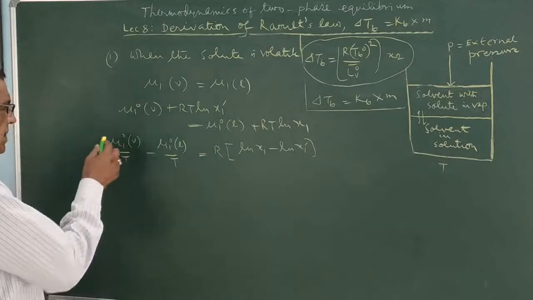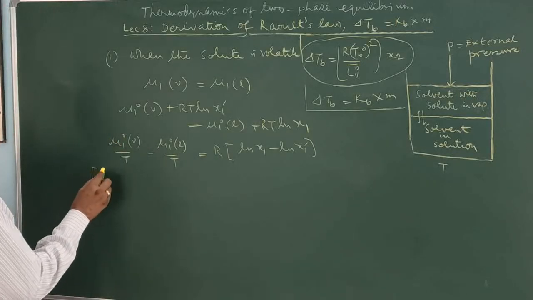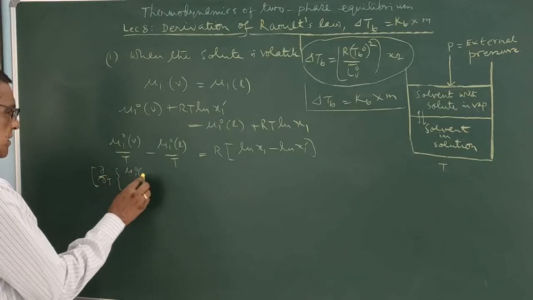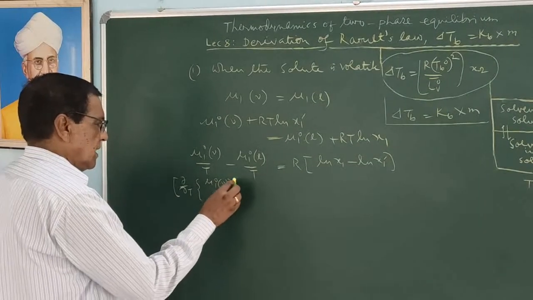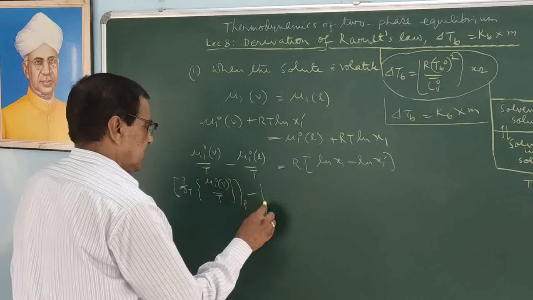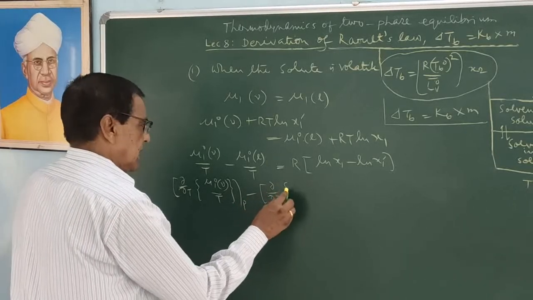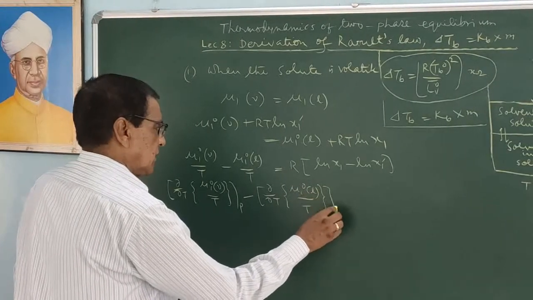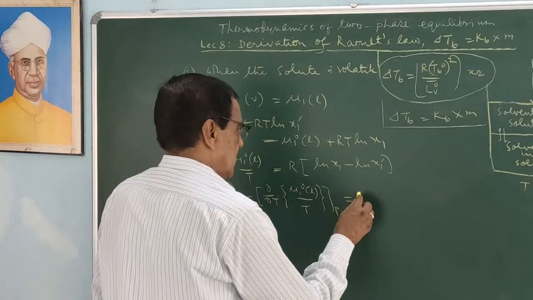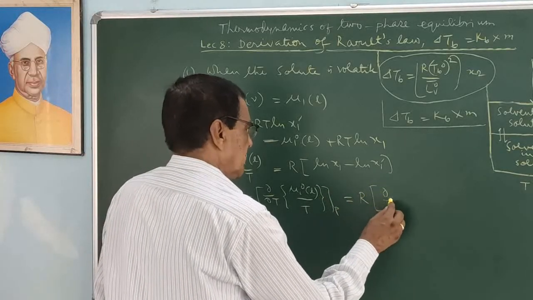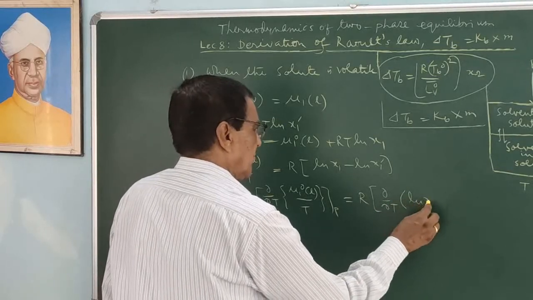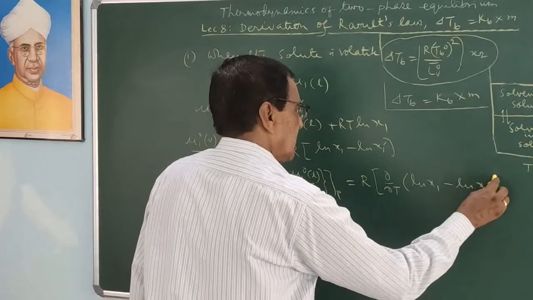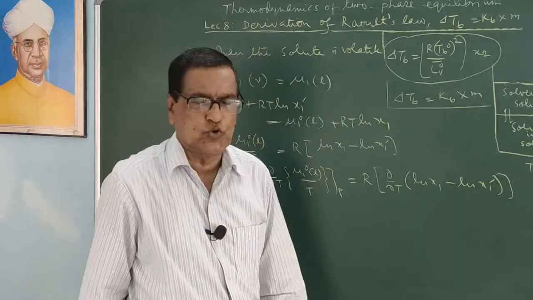Whenever we differentiate, ∂/∂T of μ1⁰(V)/T at constant P, minus ∂/∂T of μ1⁰(L)/T at constant P, equals R ∂/∂T of (ln x1 − ln x1').